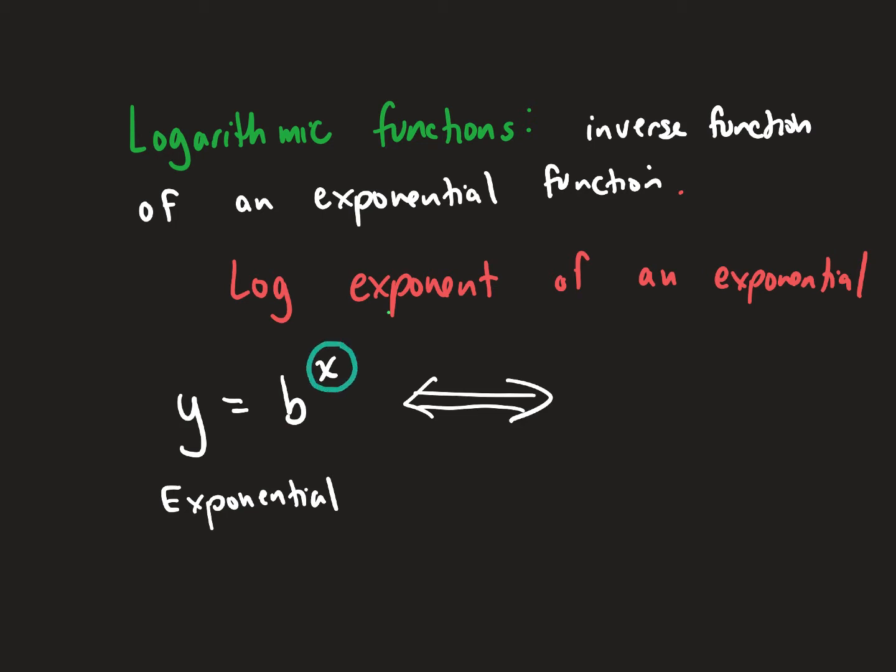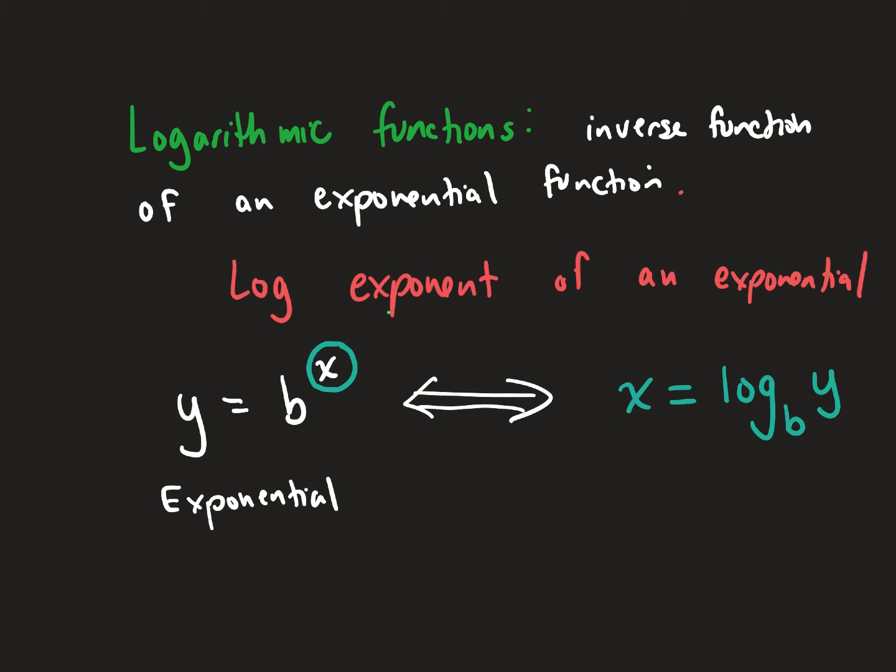The key is we want to get this exponent by itself, because a log is just this exponent. So this exponent can be written by itself, and we would just change this exponential to a log function. So we say log base b of y.